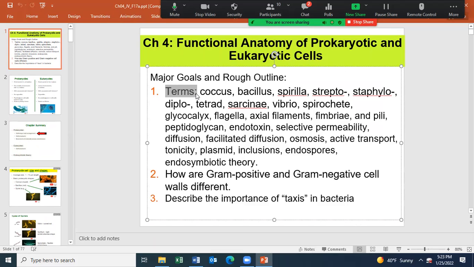I'm not going to read through it because my throat is sore. The last thing we'll talk about in this chapter is the endosymbiotic theory. We'll also talk about how gram-positive and gram-negative cell walls differ and describe the importance of taxis in bacteria.